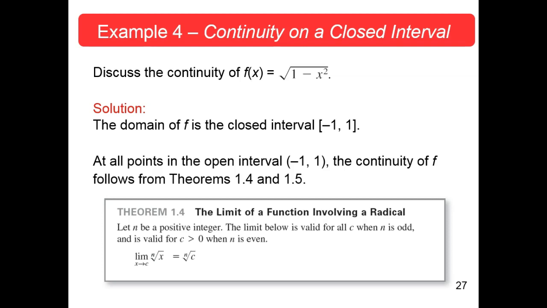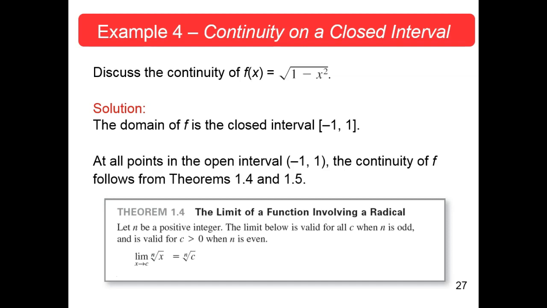I don't really like that because it should be greater than or equal to 0, but I'm not going to pick on that. If n is odd, then it's good for all c. You can take the cube root of a negative number. You can take the 7th root of a negative number. No sweat. Maybe a little sweat, but you can do it.